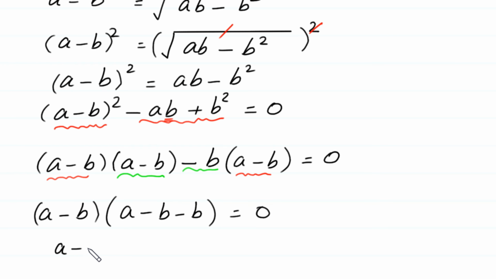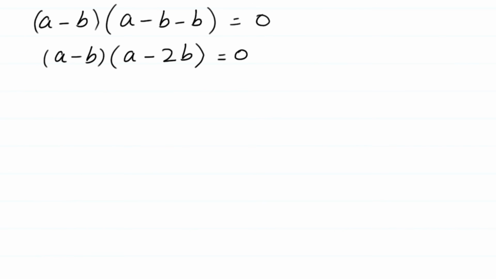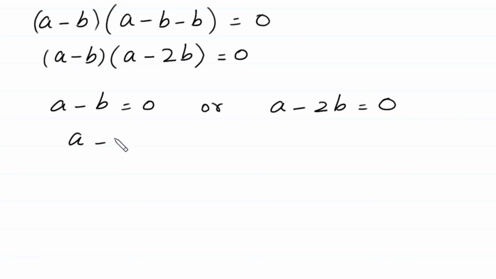Next, a minus b times a minus 2b is equal to 0. Now from here, either this expression a minus b is equal to 0, or this expression a minus 2b is equal to 0. From here a is equal to b, and from here a is equal to 2b.